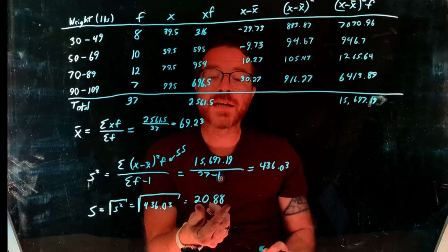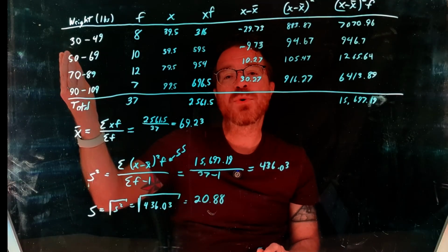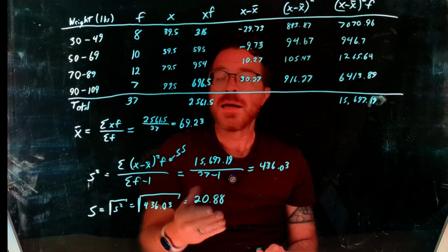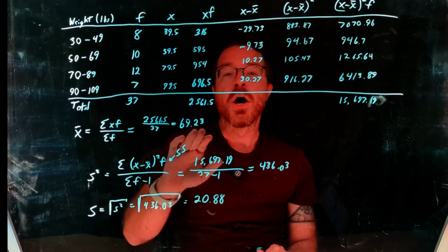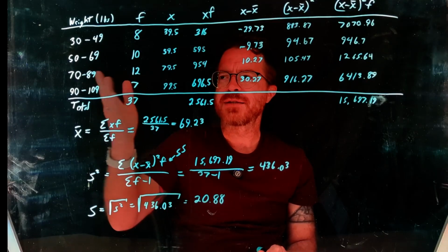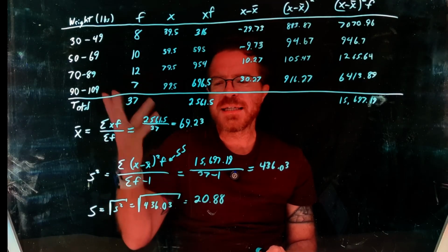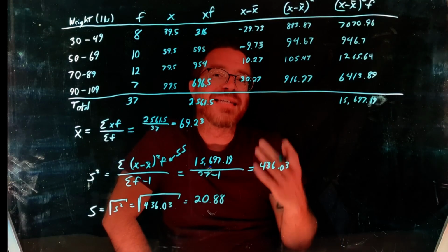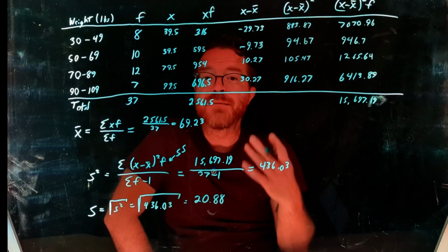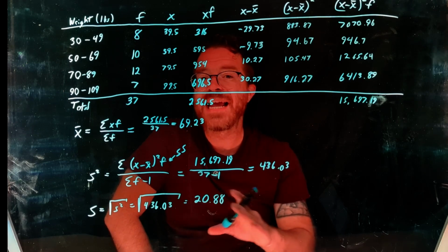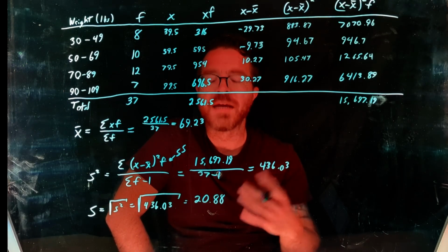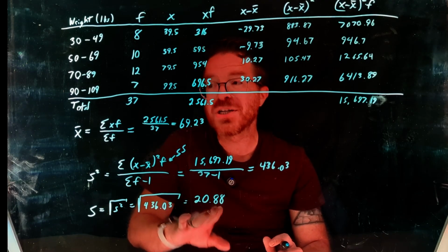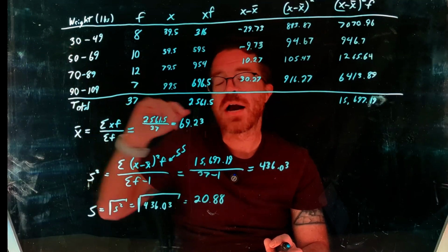So instead, we take the standard deviation because now it makes more sense to talk about our data, because we could figure out what our mean is. On average, these, I guess they're people, weigh 69.23, I don't know, kilograms, with a standard deviation, or deviating by about 20.88 pounds, right? So now this standard deviation is in the scale of our actual data.